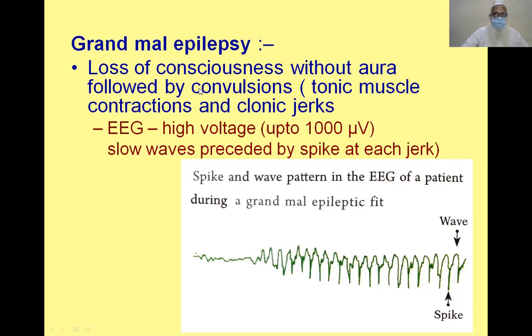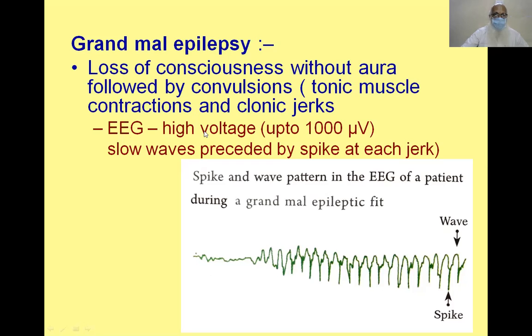And what we do, consciousness is lost. And then convulsions, tonic muscle contractions, and clonic jerks also. You remember, tonic is muscles have gone into contraction, stay in that state for a prolonged period. Clonic is sudden jerky movement.